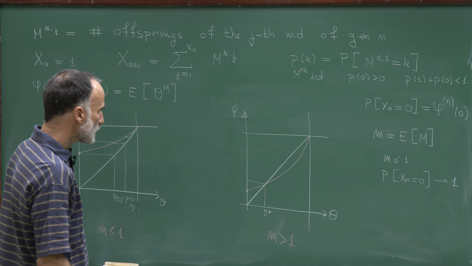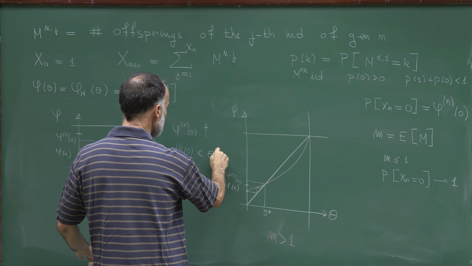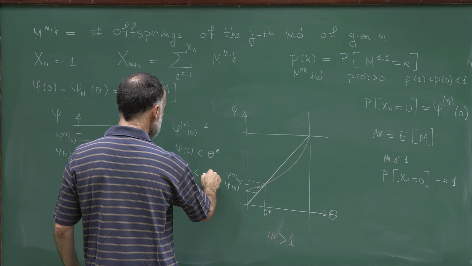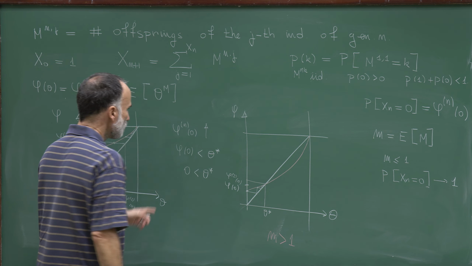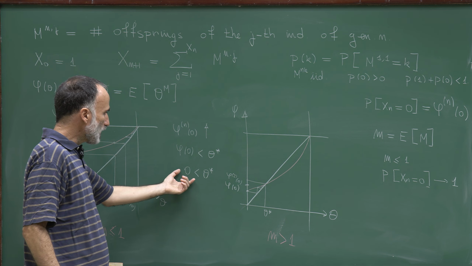So we know that phi n of 0 is increasing. It's also smaller than theta star. Why is that so? Because you know that 0 is smaller than theta star, and phi is increasing. Apply phi on both sides.